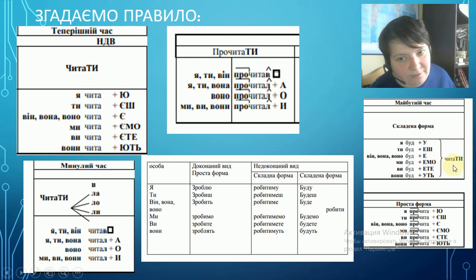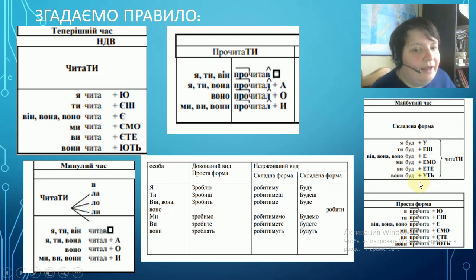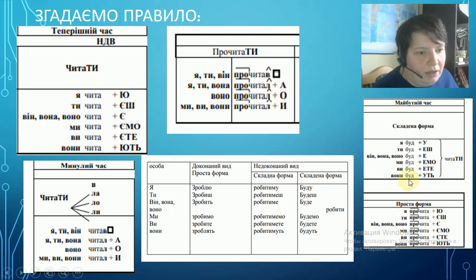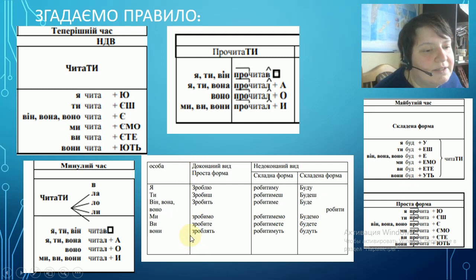The infinitive doesn't change, but only the verb to be with these endings. You can use both forms in any case, whatever you like. And what about the perfective aspect?